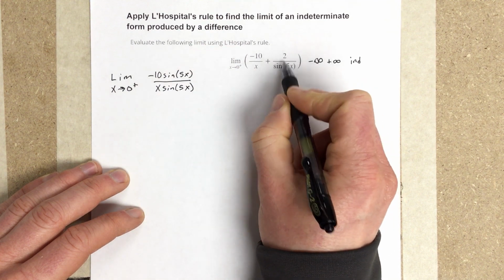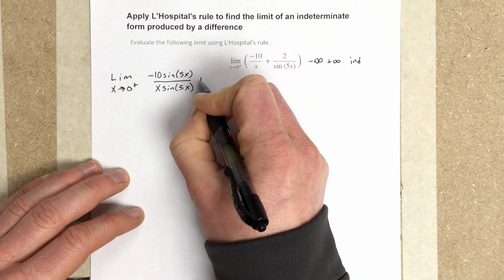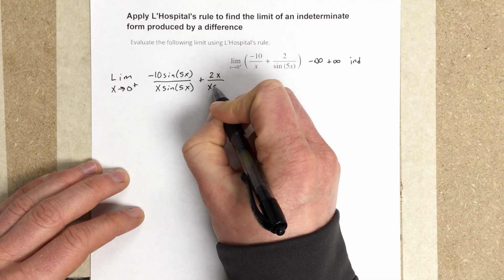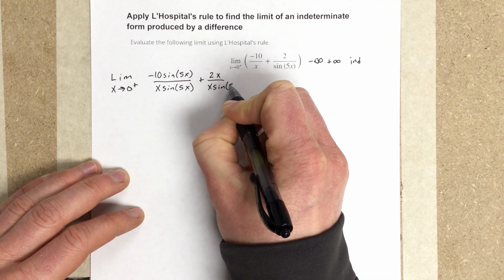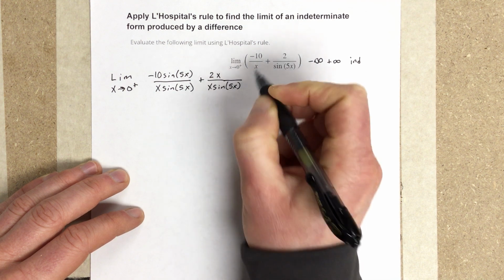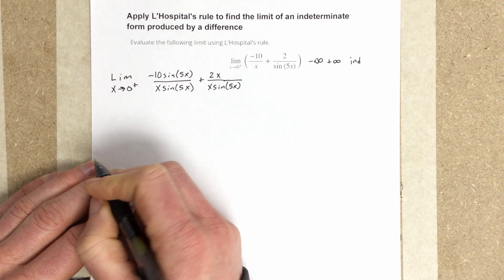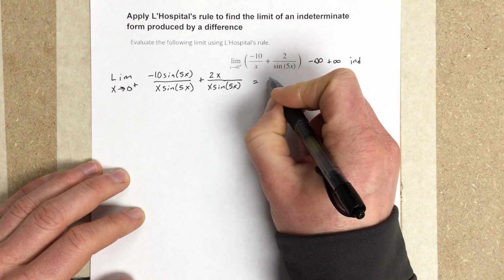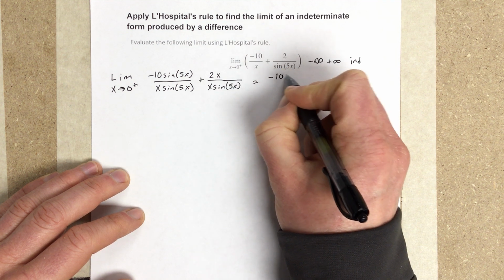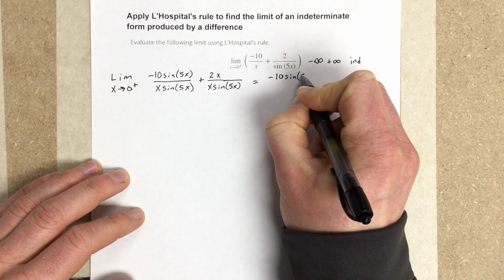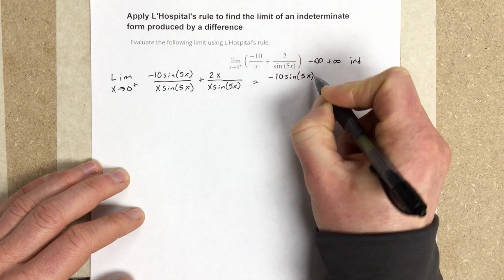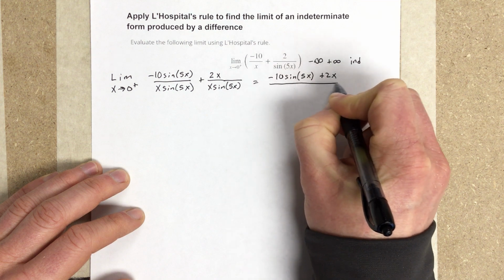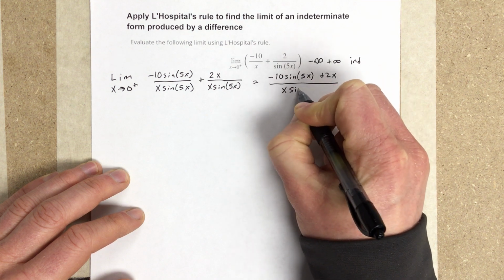And then I'm going to also multiply this side by x, so I get 2x over x sine 5x. And then I'm going to combine these together, so that would be negative 10 sine 5x plus 2x all over x sine of 5x.